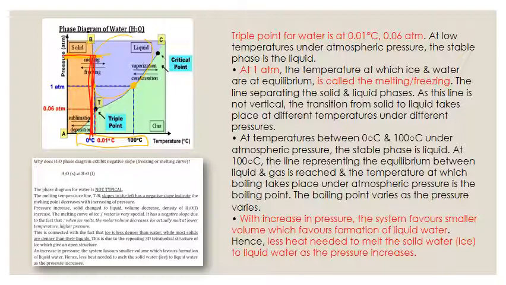Less heat is needed to melt the solid water. So from ice to liquid water, the temperature will be lower at higher pressure. Compared to lower pressure, as you can see here, say the pressure here, the temperature is higher to melt ice to liquid.